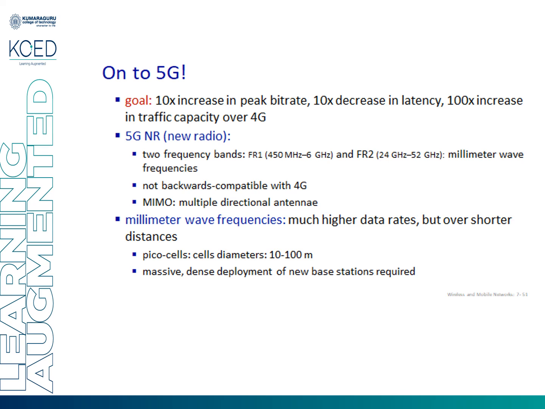So the size of the cell is from 10 to 100 meters, but the data rate is huge. Here it uses MIMO antenna and the OFDM access method, and this is the reason why 5G is a lot better than 4G.